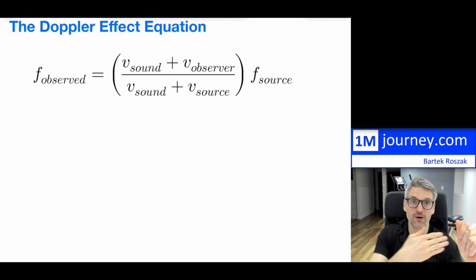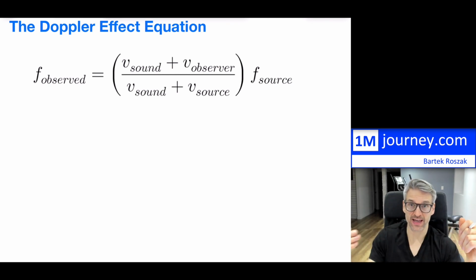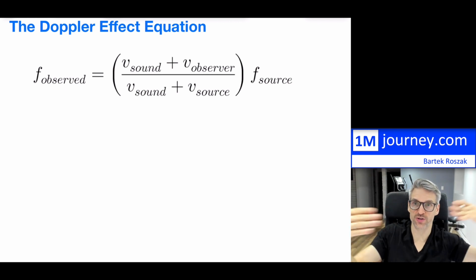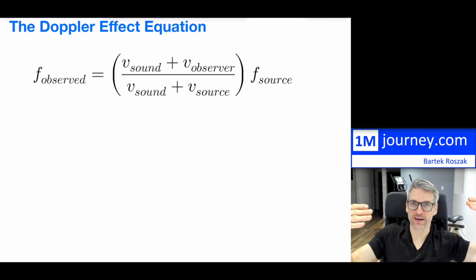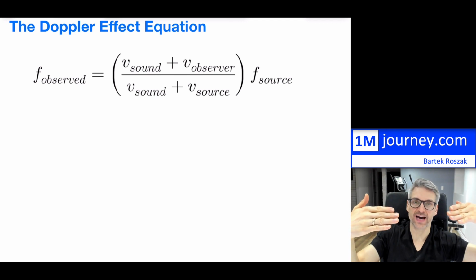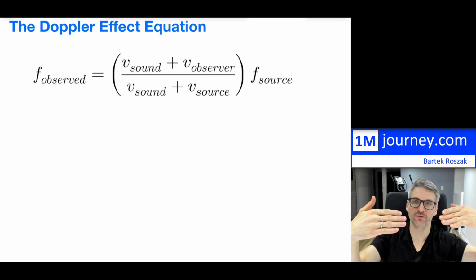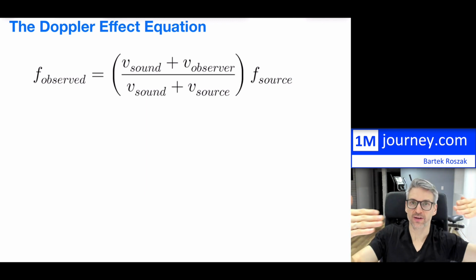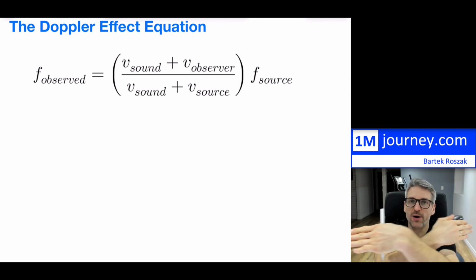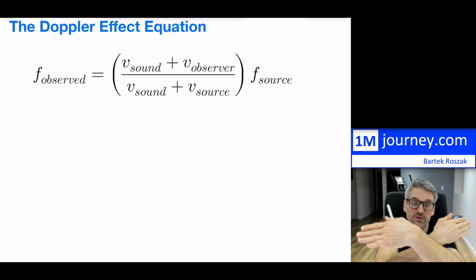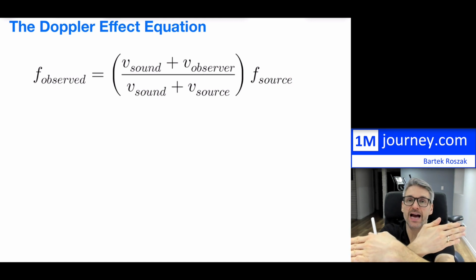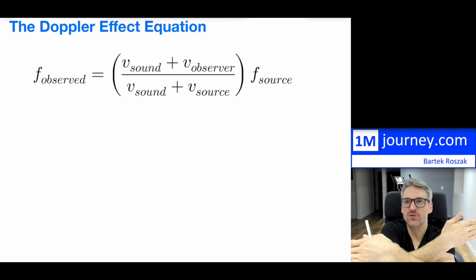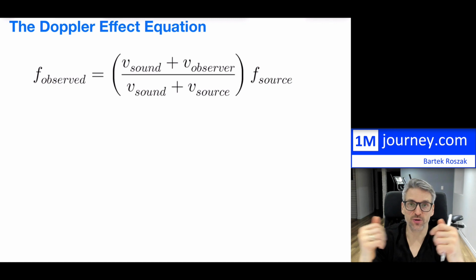Now, if it's moving away from you, so this is, again, the Doppler effect: something is moving close to you, or you're moving close to it, notice that that means you're going to be hearing that particular pitch much faster, so the frequencies are going to increase as you're coming together. But if you're moving away from each other, so even if you're standing still, and let's say the ambulance or a car is moving away from you, then the sound that it's carrying is not going to be compressed.